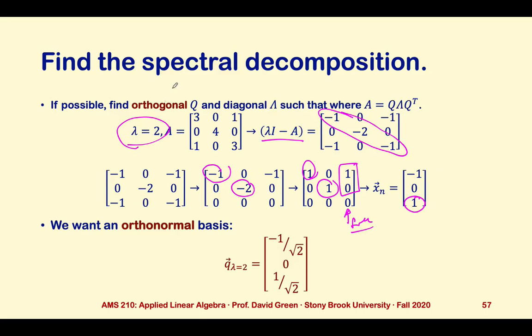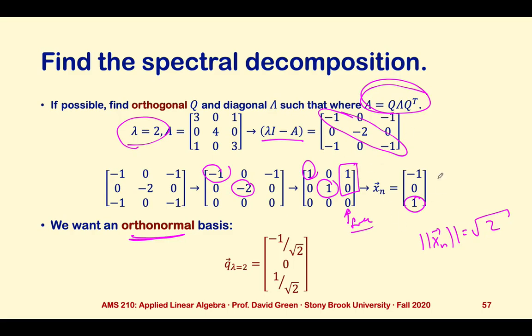However, for the decomposition we want here, we need an orthonormal basis, not just an arbitrary basis. We need to divide this by its length. Its length is the square root of 1 squared plus 1 squared, so square root of 2.